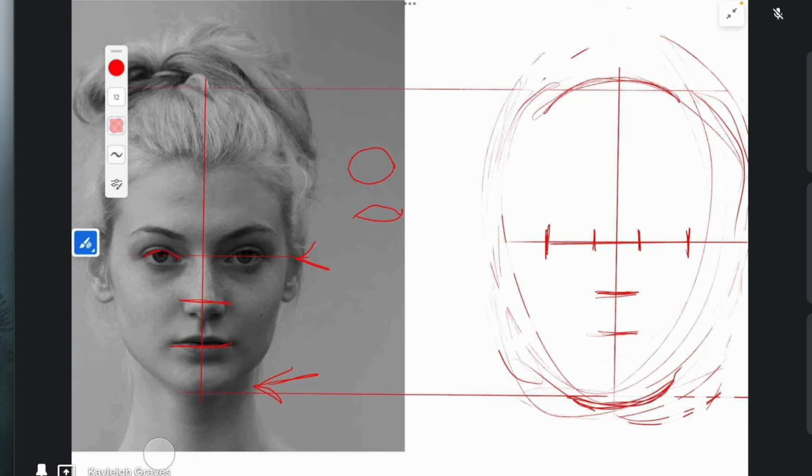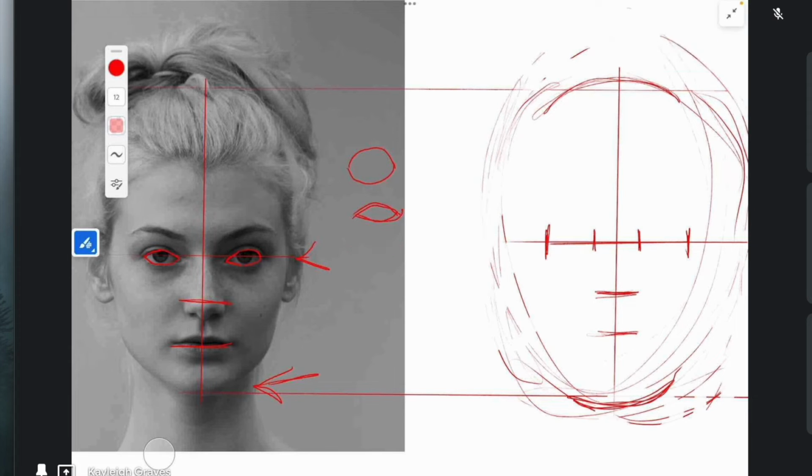I trace the shape that's there. And if you notice, the inside part of the eyes is almost always more narrow and more pointed, and the outside part of the eyes is a little more rounded.